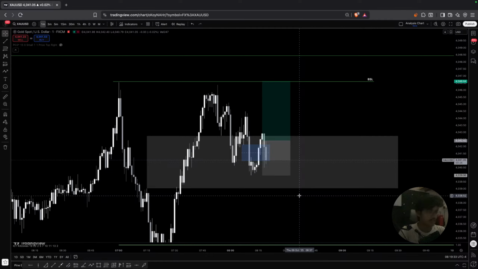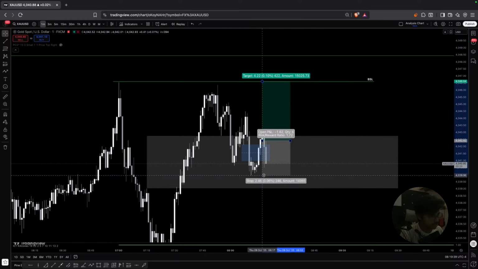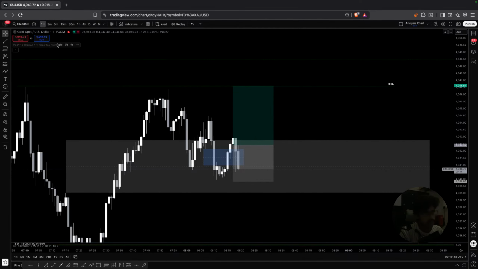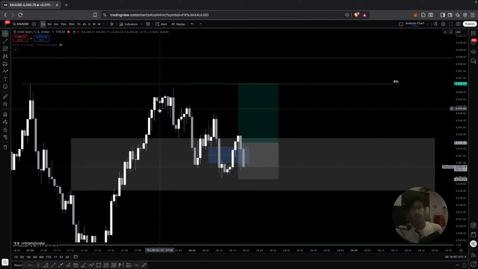Wait for the market to show some rejections. I'll do one thing, just a little bit extra. Make sure to account for the spreads as well. Now sit back, relax, let it take the SL or let it take the TP.